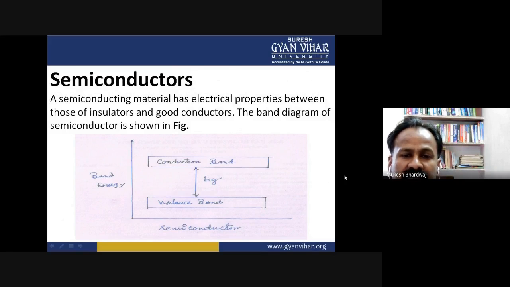In the figure shown to you, the conduction band and valence band are separated by an energy gap or forbidden energy gap, but it is somewhat lesser than that of an insulator.